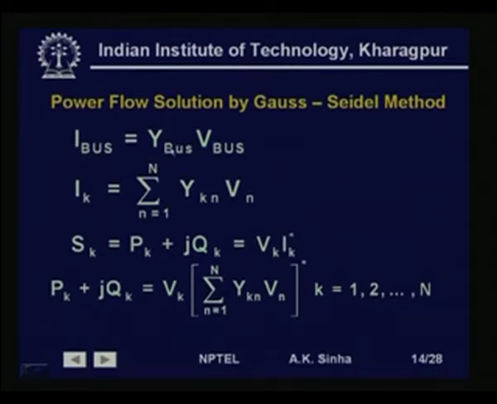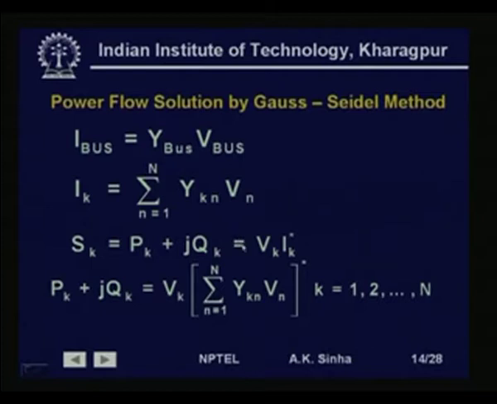I bus is equal to Y bus into V bus, that we know, and we know for any bus k the current injection I k is summation Y k n V n, where n varies from 1 to N. Now, if we write the complex power injection S k is equal to P k plus j Q k, this is equal to V k I k conjugate.